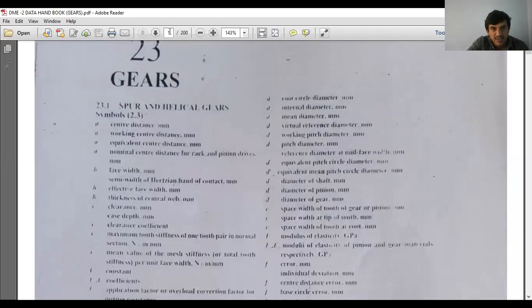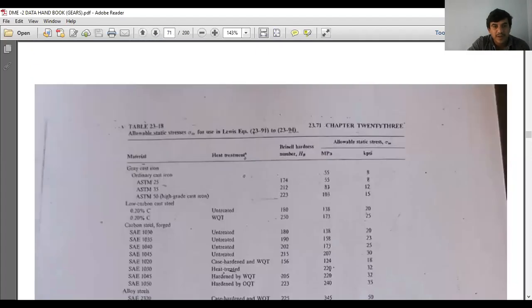Table number is 23.18. Am I right? Yes, 23.18. Go to the data handbook, 23.18.